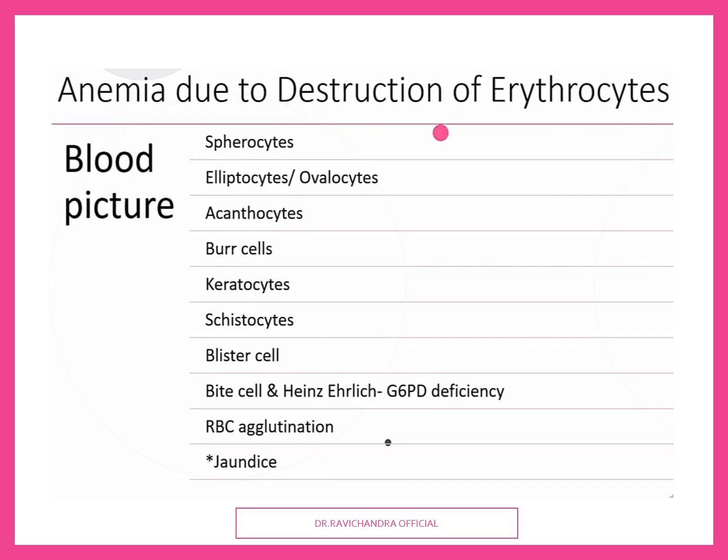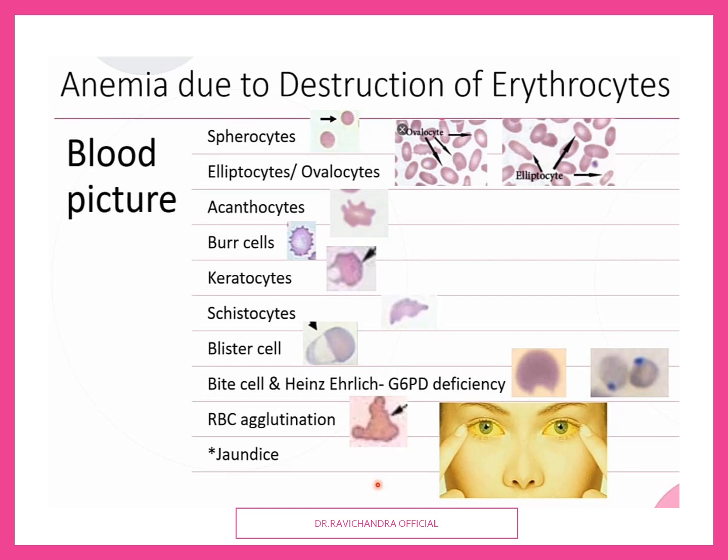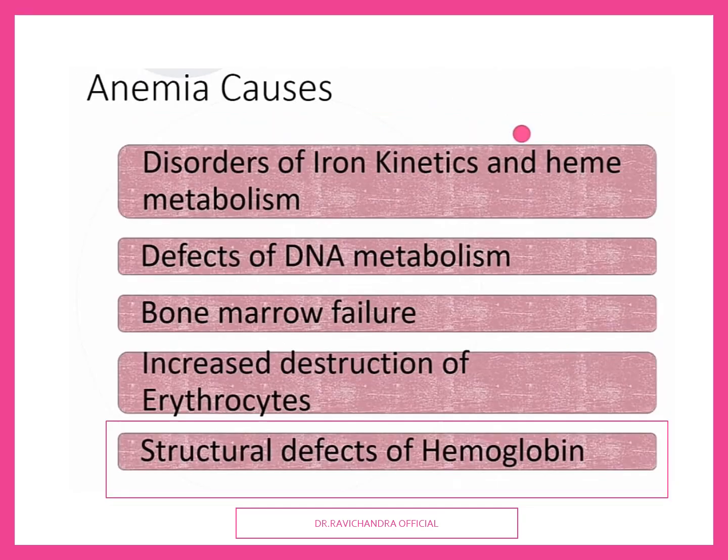For all the poikilocytosis conditions, you can watch my video on RBC abnormalities, which is on my YouTube channel Dr. Ravichandra Official. So these are the various pictures of the poikilocytes that result from the destruction of the erythrocytes.